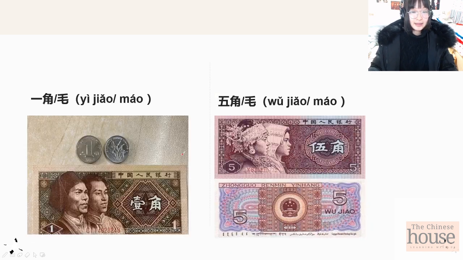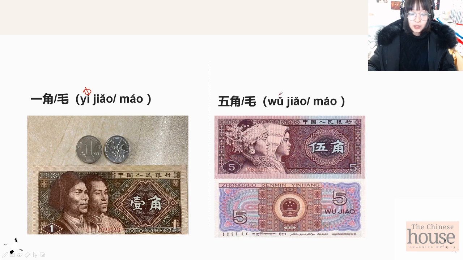Then this is 一角, fourth tone. 一角 or 一毛. This is 50 cents. 五角.